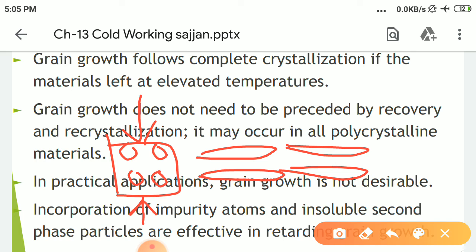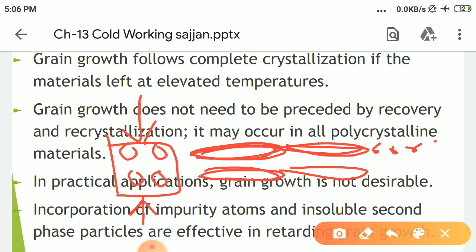Okay, now this is again a question for examination. Grain in cold working gets distorted, but it will be continuous, it will not be discontinuous. So this grain is continuous. See here, it is continuous, it is not discontinuous like this.